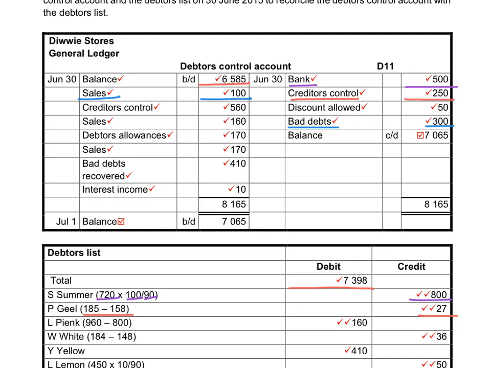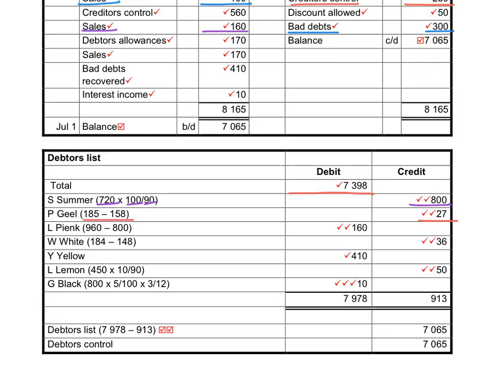In the debtors control, we will increase the total debt on the debit side with 160 and credit the sales account with 160. The account of L Pink will also be debited with 160 to increase his account because we only recorded 800 instead of 960.